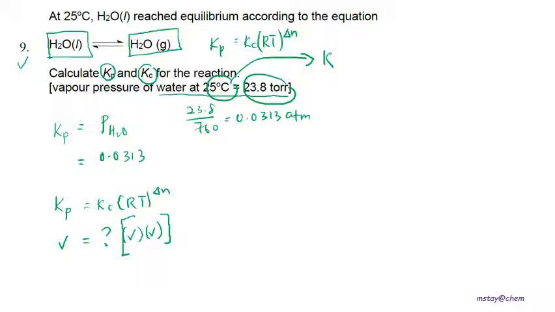Even though there is 1 mole of reactant, this reactant is in the physical state of liquid, so the delta N is basically 1 minus 0. After you press the calculator, you supposedly will get the answer: Kc is equal to 1.28 exponent negative 3.